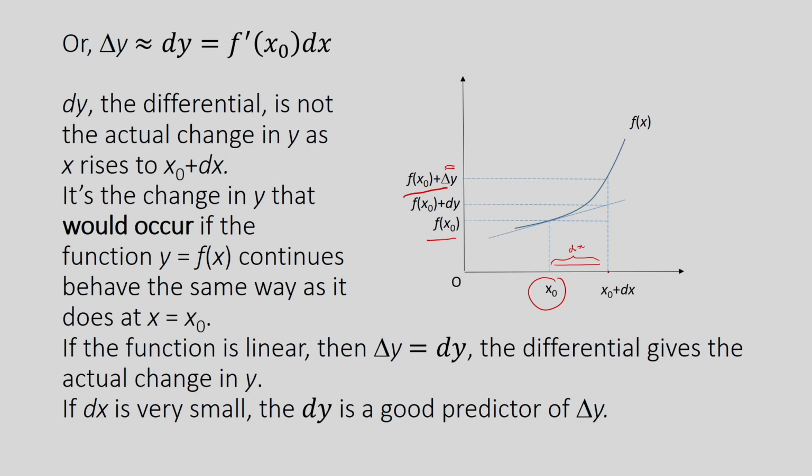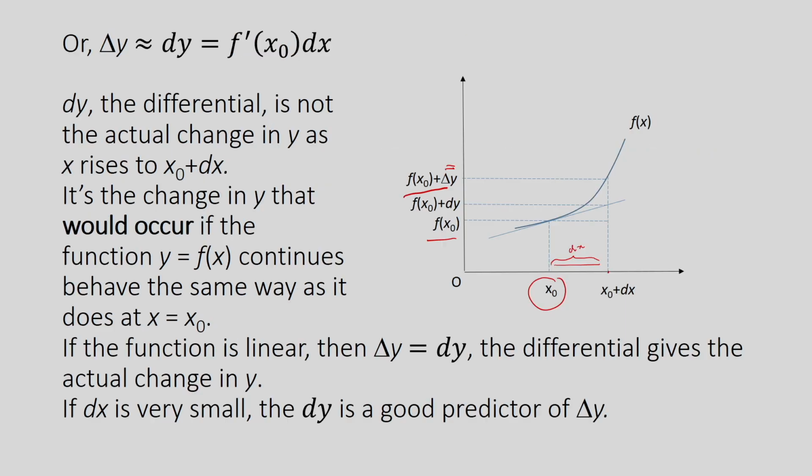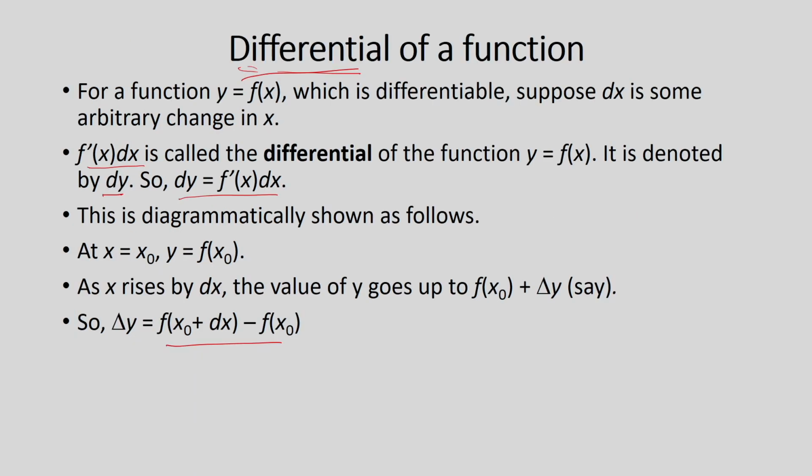So, the new value is f(x0) plus delta y. So, delta y I can straight away write as equal to f(x0 plus dx) minus f(x0). That is very obvious. So, delta y is this much, and this is equal to f(x0 plus dx) minus f(x0). This is what I have written here.